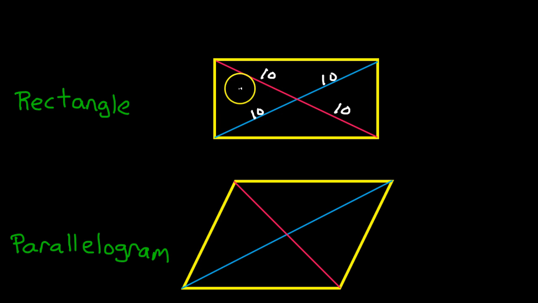And the definition of a rectangle, of course, is that a rectangle is going to have 4 right angles. So separate from a parallelogram, the 2 new pieces of information you get when you see the word rectangle are 4 right angles, and the diagonals are congruent.